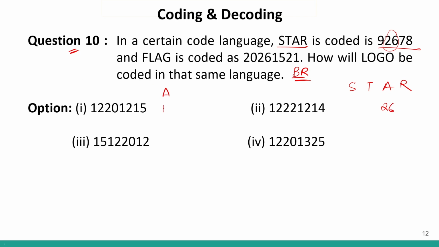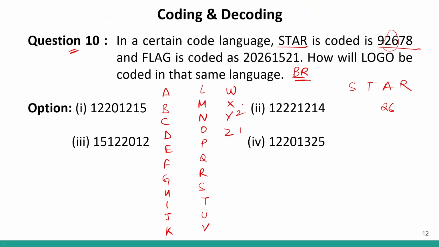Let me write the backward ranks. A, B, C, D, E, F, G, H, I, J, K, L, M, N, O, P, Q, R, S, T, U, V, W, X, Y, Z. Backward ranks will be 1, 2, 3, 4, 5, 6, 7, 8, 9, 10, 11, 12, 13, 14, 15, 16, 17, 18, 19, 20, 21, 22, 23, 24, 25 and 26.